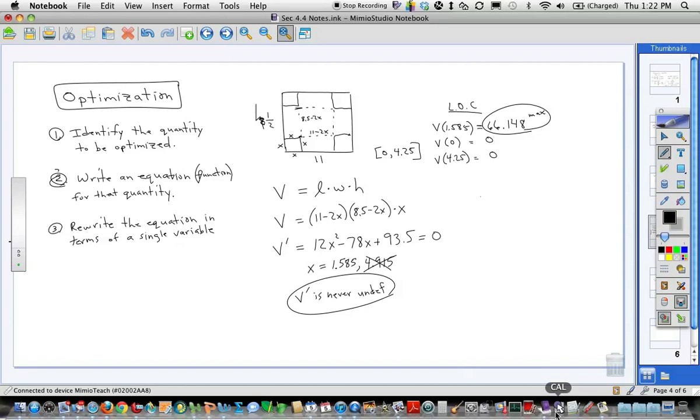Maybe step 4 is identify the endpoints. Maybe that needs to be in there. And then step 5 is do the calculus part. Answer the question.